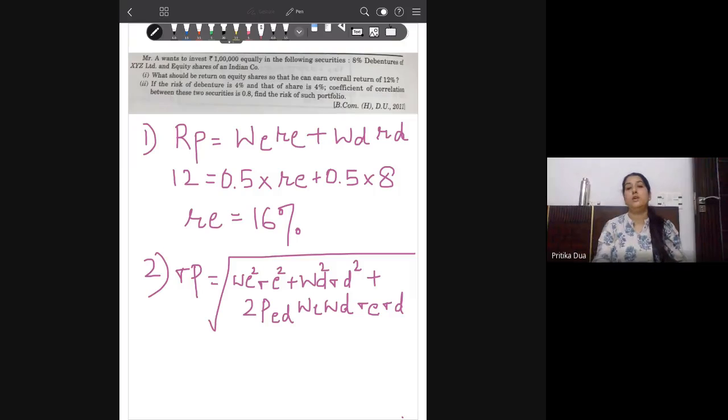In this formula, you can put the values and you get the risk of the portfolio.